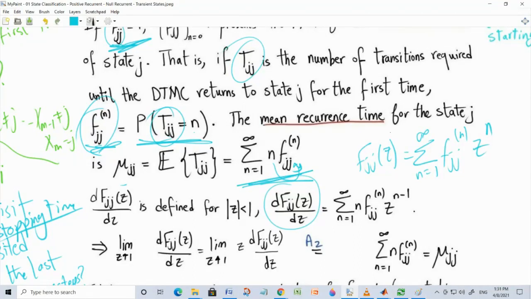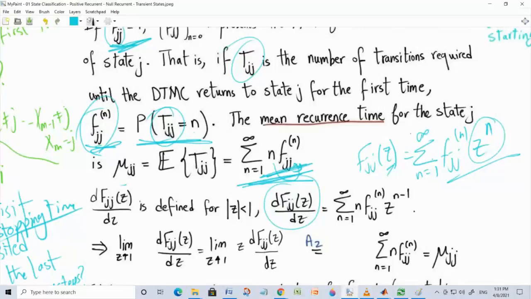If you differentiate this with respect to z, if you do things non-rigorously and assume that you can interchange the order of differentiation and summation, then you will have an n coming downstairs, and you will have z to the n minus 1, and so you can multiply by z, so that you get something that looks like the definition of the mean recurrence time.